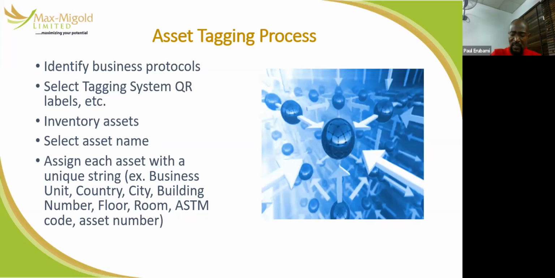If you have estates here in Lagos, like Lekki, another three in Abuja, two in Port Harcourt, because you have your assets located in several locations, you could go digital to make your asset monitoring easier.